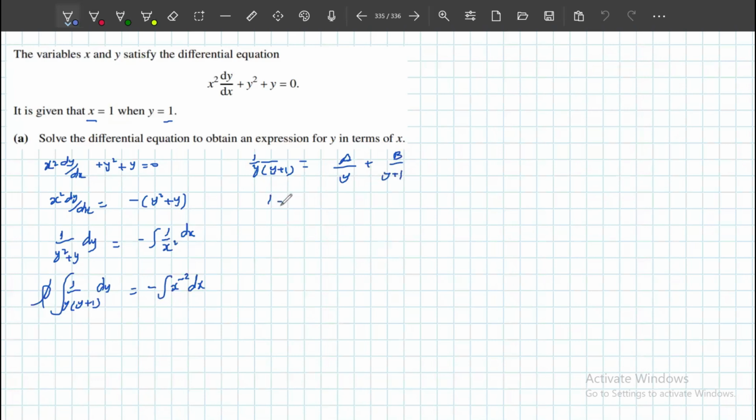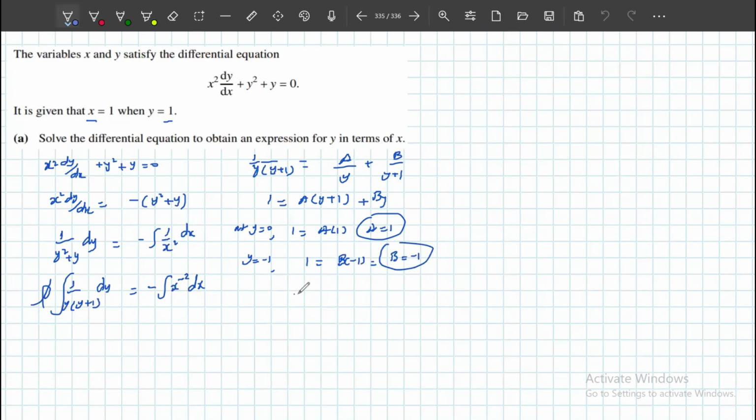That means 1 is equal to a into (y plus 1) plus b into y. We'll check at y is equal to 0, so a into 1, b becomes 0, that means a is equal to 1. Next we check at y is equal to minus 1, so 1 is equal to a becomes 0, so b into minus 1, that means b is equal to minus 1.